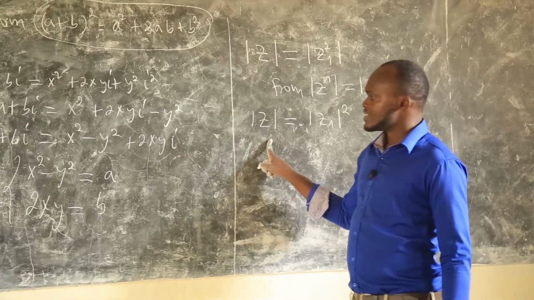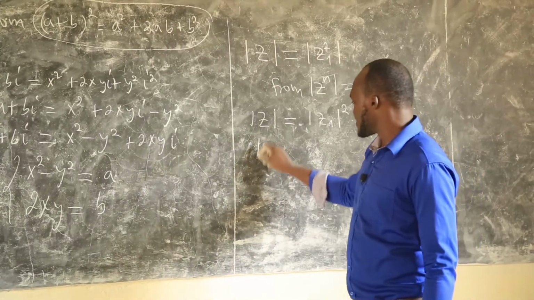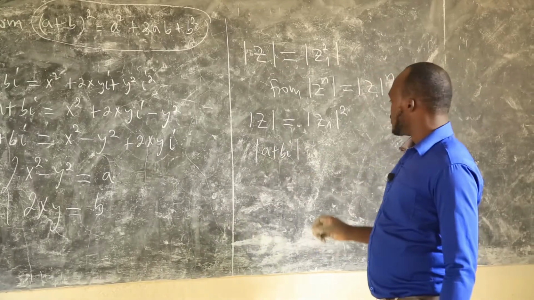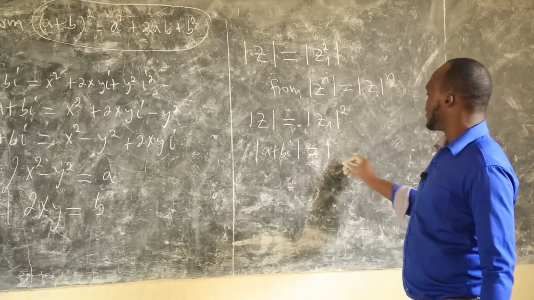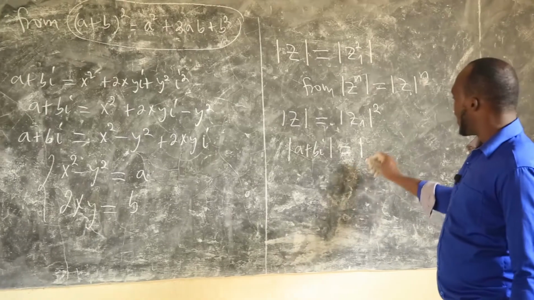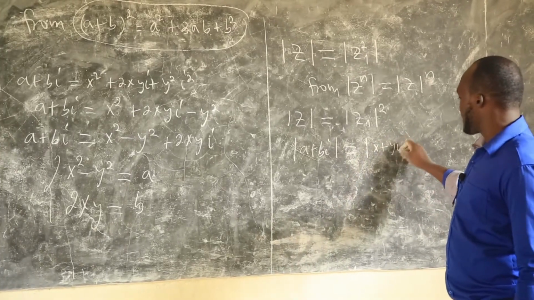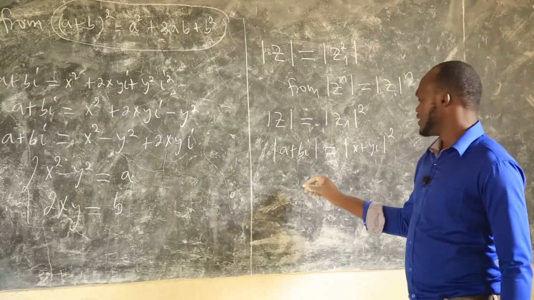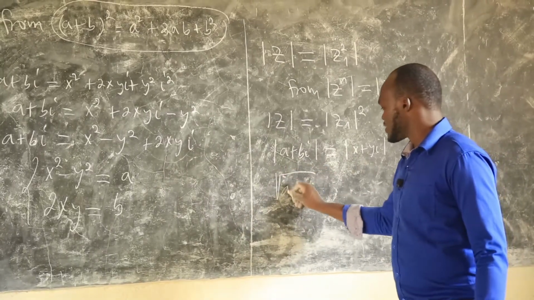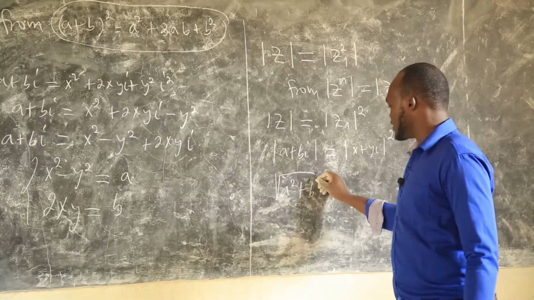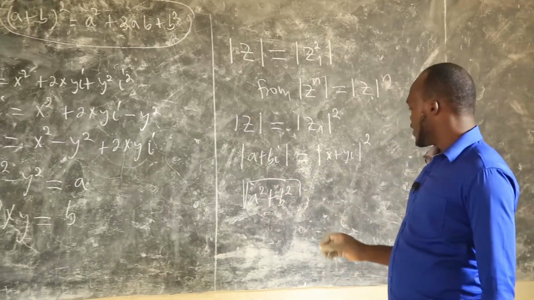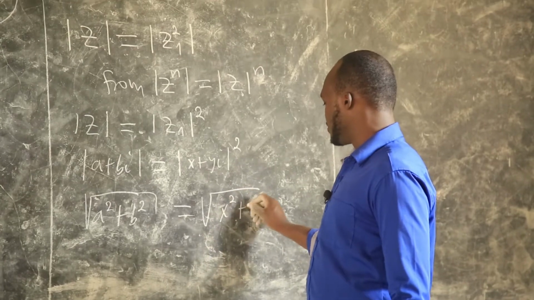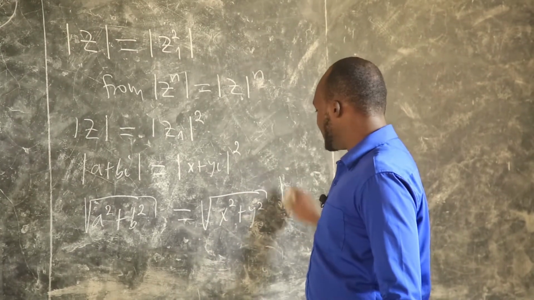So what is z? Z is a plus bi. This is the modulus of a plus bi, which is the same as the modulus of x plus yi, then squared. What is the modulus of this? It is root a squared plus b squared equal to square root of x squared plus y squared, then squared.